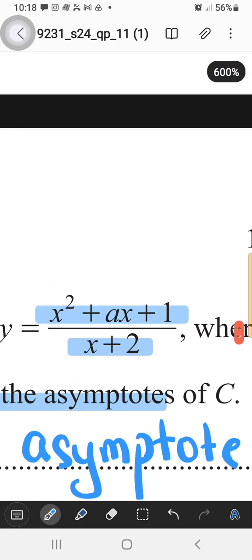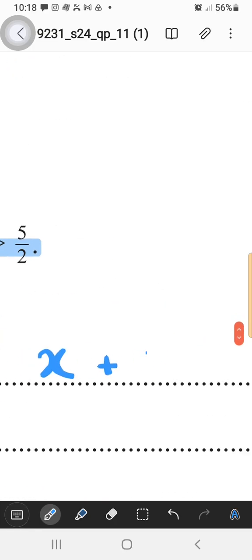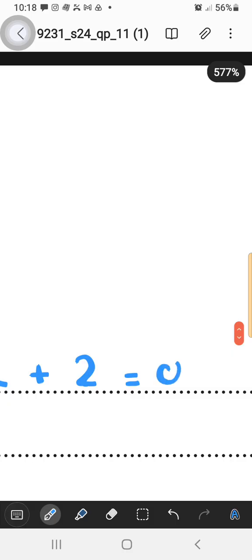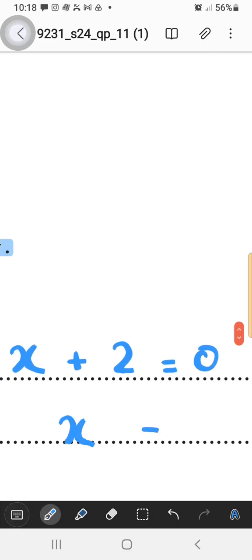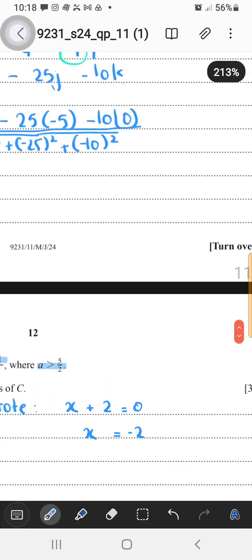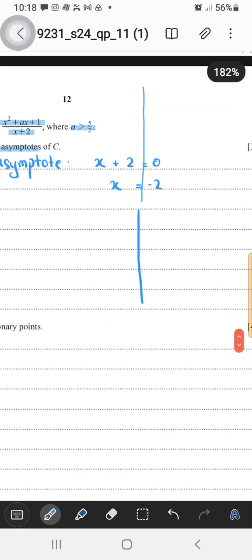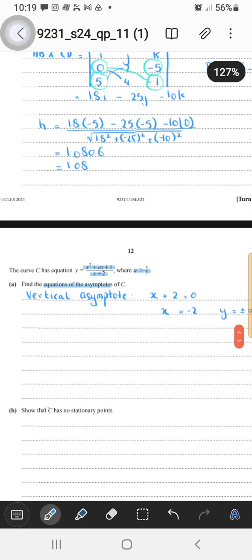The denominator is x plus 2, so x plus 2 equal to 0, and x is equal to negative 2 is a vertical asymptote. And when x is equal to negative 2, how will we sketch it? It will be like this. It will move upward on one side and downward on the other, which means that y tends to plus or minus infinity.